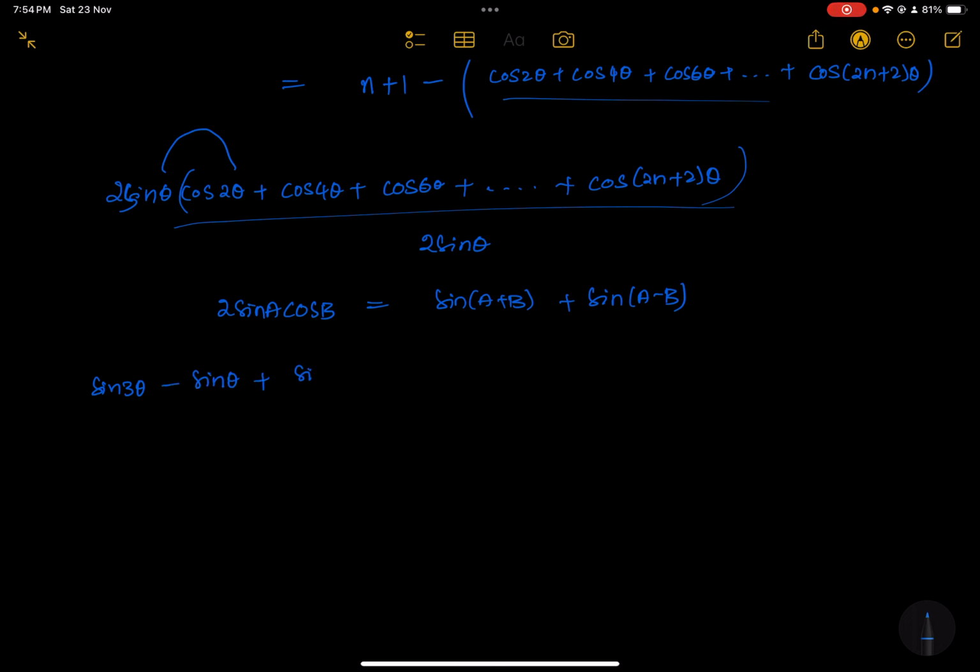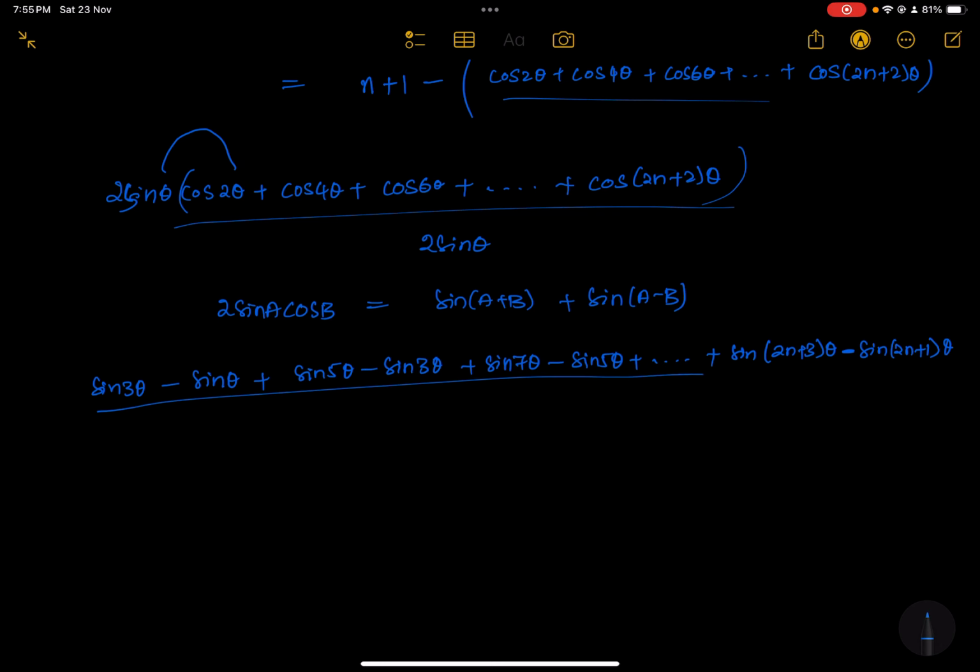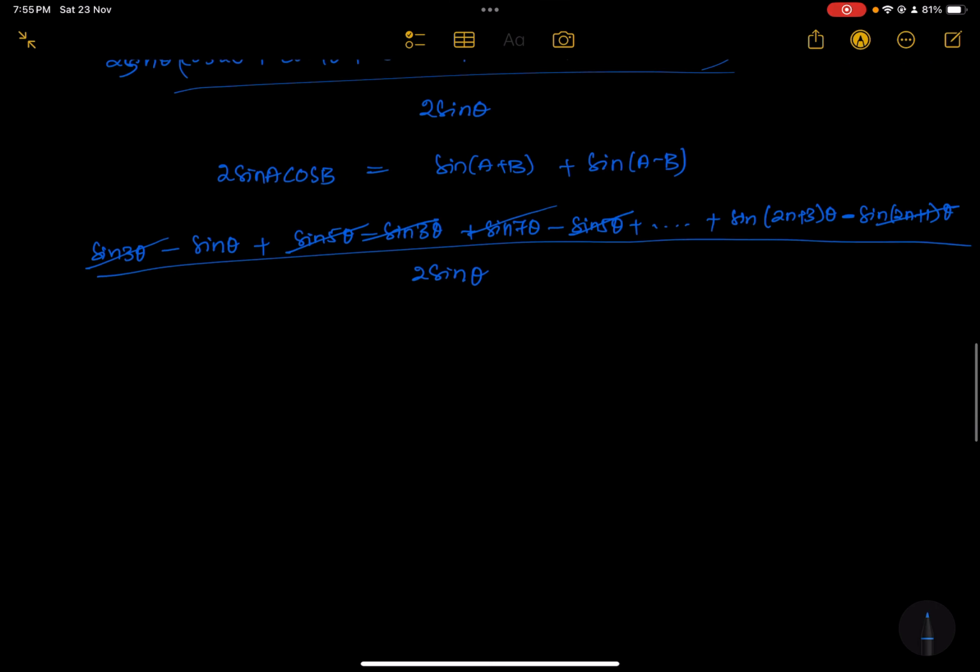So for the second term, it will be sine 5 theta minus sine 3 theta. Similarly, sine 7 theta minus sine 5 theta plus and so on, plus sine 2n plus 3 theta minus sine 2n plus 1 theta, all by 2 sine theta. Sine 3 theta minus sine 3 theta, all these things will get cancelled, and all that remains is sine 2n plus 3 theta minus sine theta by 2 sine theta.